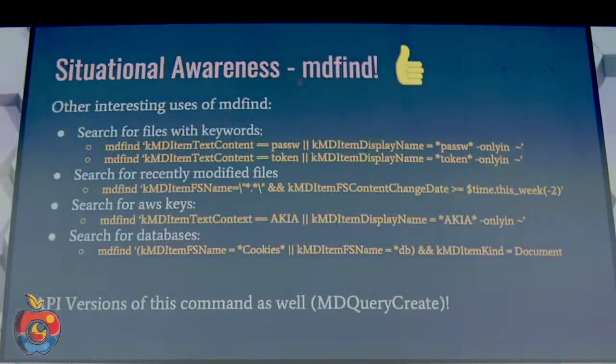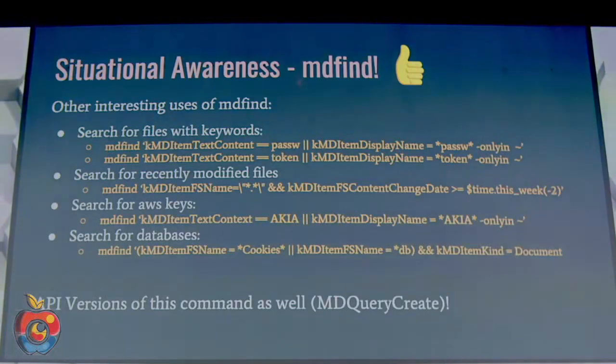Some other interesting aspects of mdfind is you can search for files with different keywords in them. What's kind of cool about that is you can not only search the file name, you can actually search the contents of the file, the kMDItemTextContent value, which is the string content of the file. So you can use these types of searches to look for files with passwords or tokens or keys.